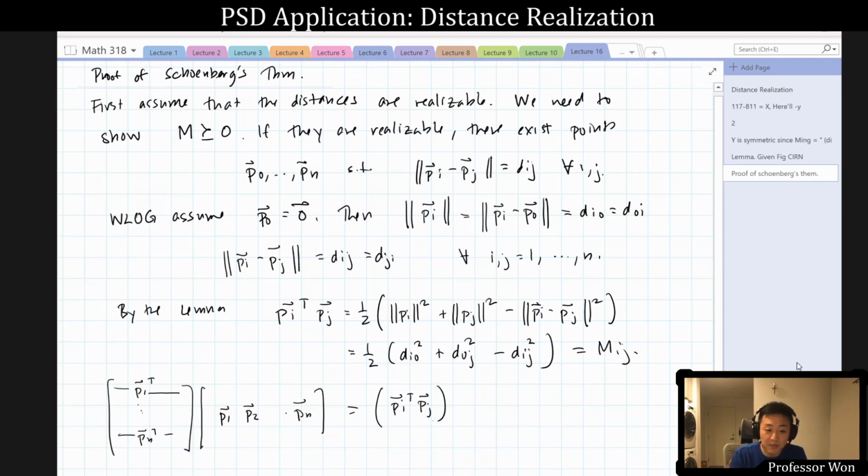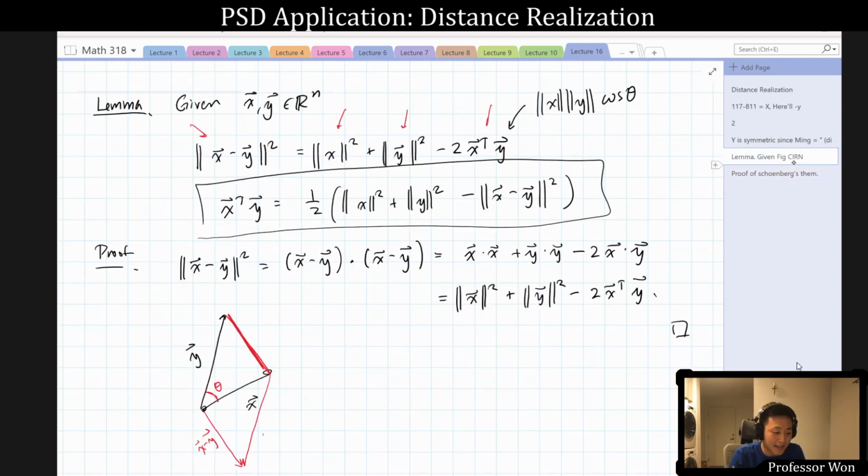That's exactly how you compute the product of two matrices: you dot the rows with the columns. And this is exactly the matrix of mij's, which is the matrix M. So just call this matrix B, and this B transpose. We've shown that M can be written as B transpose B. In other words, M is positive semi-definite by that other theorem that told us that positive semi-definite is equivalent to being able to be written as B transpose B. So M is positive semi-definite. Really the entire content of the theorem comes from this little lemma, which we proved in one line.